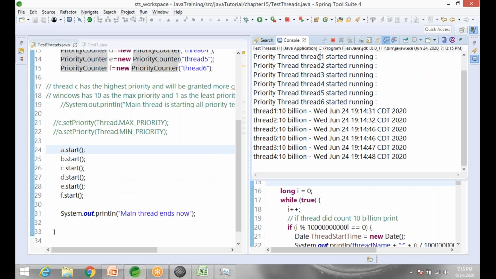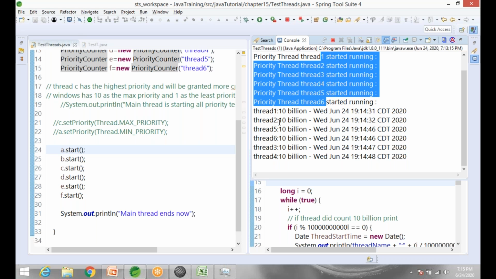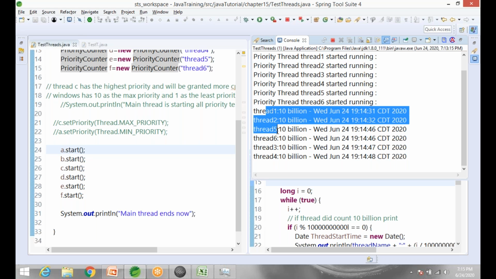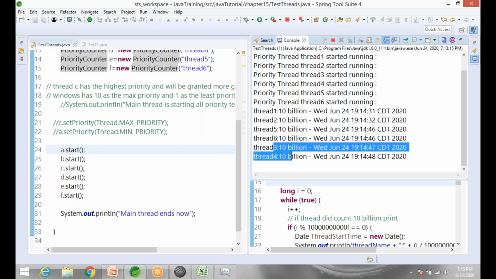Okay, so see, we started in this order 1, 2, 3, 4, 5, 6, but they are finishing in some random orders 1, 2, then 5, 6, then 3, 4, and the timing is also quite different. There is a 15-second, 16-second difference between the best performing thread and the worst performing thread.